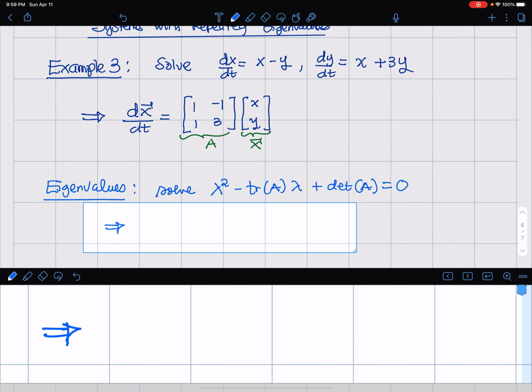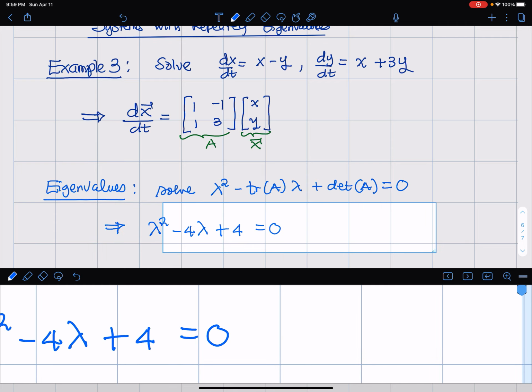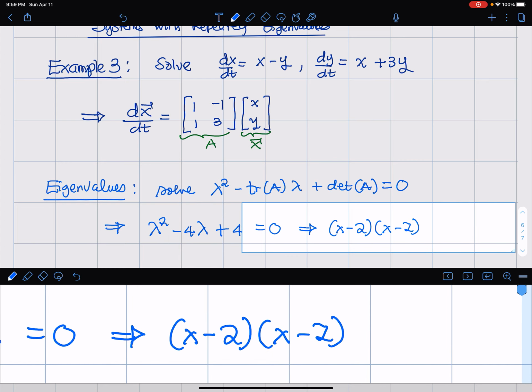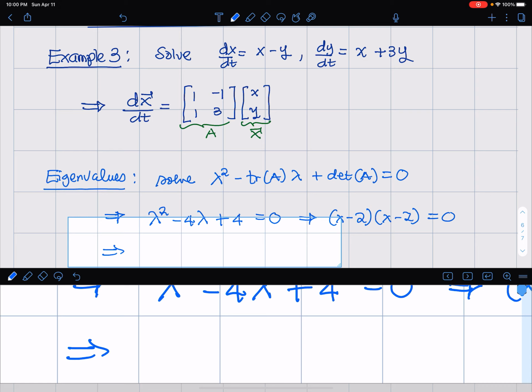So this implies we have lambda squared, trace of A is 4, so minus 4 lambda, plus determinant of A, which is also 4, is equal to 0. If we factor this, we get lambda minus 2 squared equal to 0. So our eigenvalue is lambda equal to 2 twice.